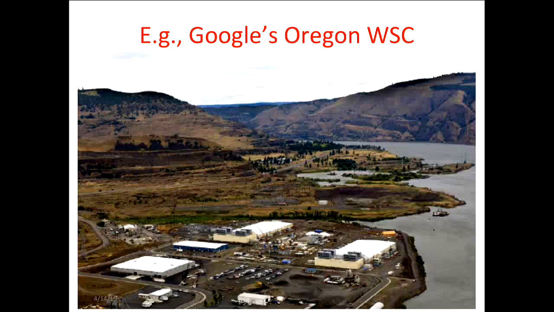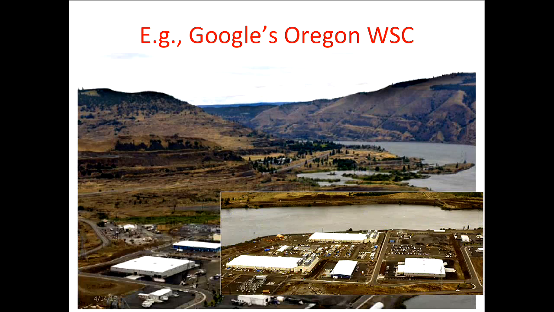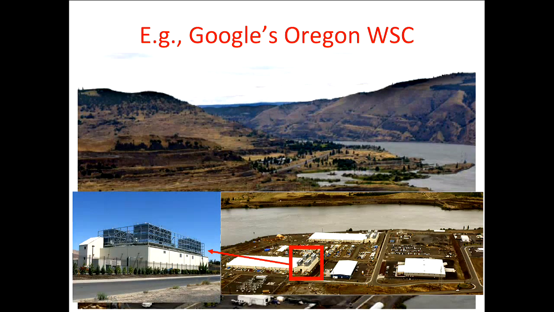Let's zoom in. Still we only see some buildings. Let's zoom in again. Here you can see a building. It turns out that it's a computer. Believe me, this is a computer. You can see a huge cooling system here. Let's go inside this computer.